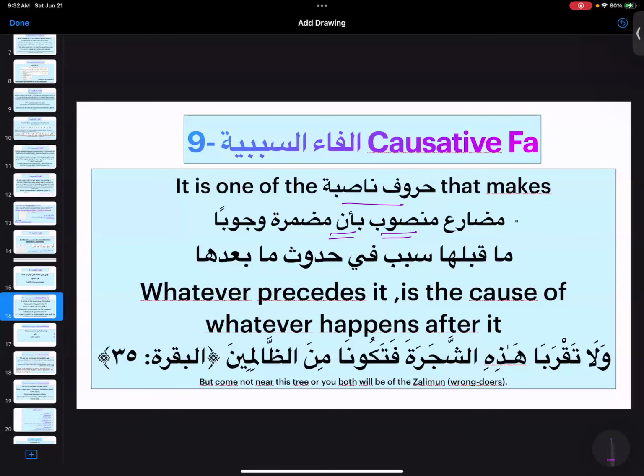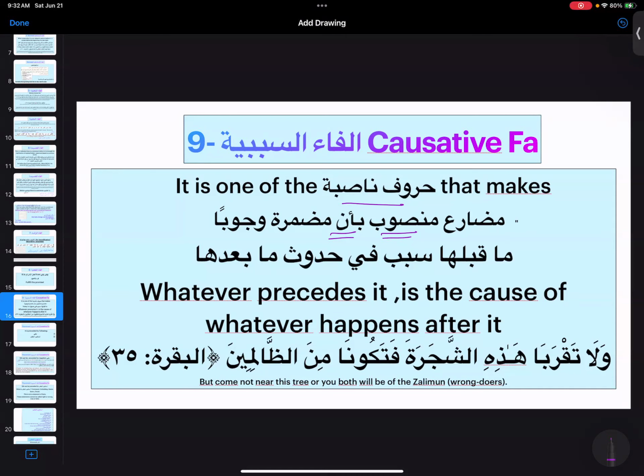With the harfun nasiba, like an, lan, li, in short, we can also say it this way: when fa sababiya comes, it is condition type. If you do this one, then the result will be like this.